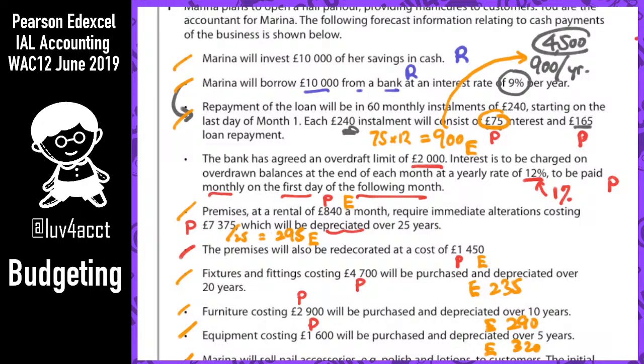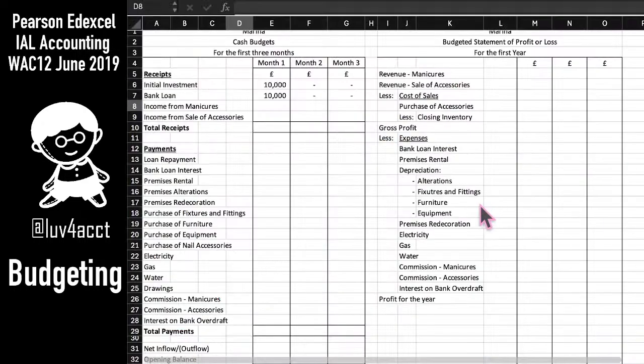Okay, so let's input loan repayment. Loan repayment will be 165 per month, for 3 months, and loan interest will be 75 for each month.